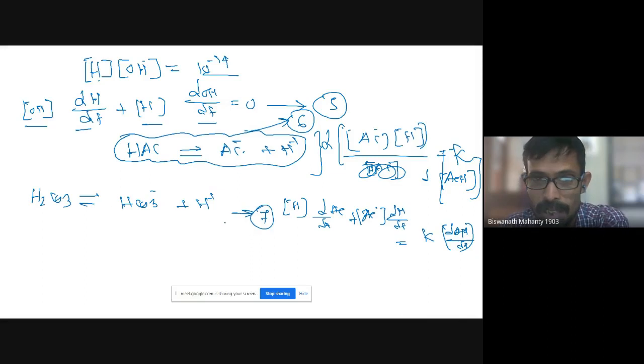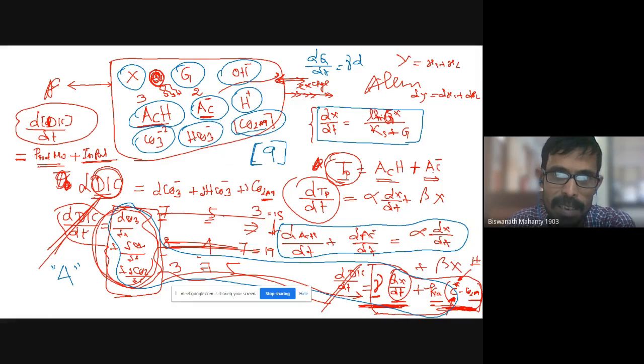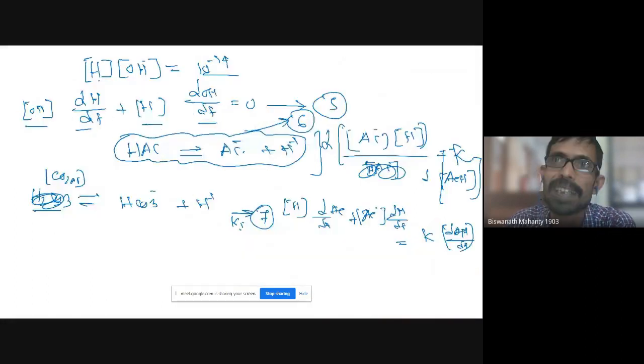This equilibrium constant is, for example, K1. Carbonic acid I should not write. I will write aqueous carbon dioxide. We are already using it, now these are the nine members, aqueous carbon dioxide. So I can write like this, and this equation is correct. Can I use that or not?